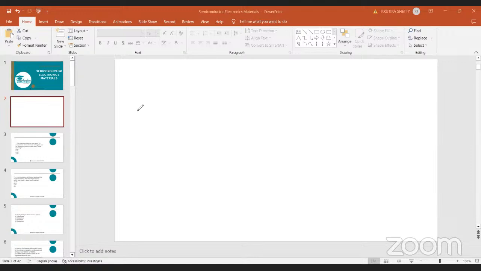So the first question is, it is asked in 2017. The energy gap in which of the following cases is less than 3 electron volt? Options are germanium, iron, copper and aluminium. So this is a 2017 question.